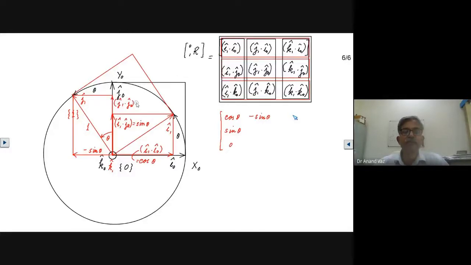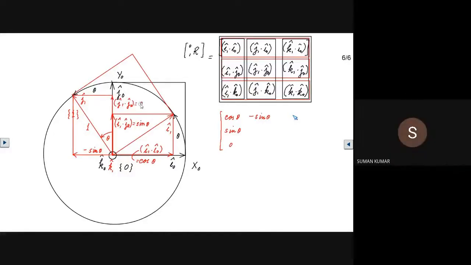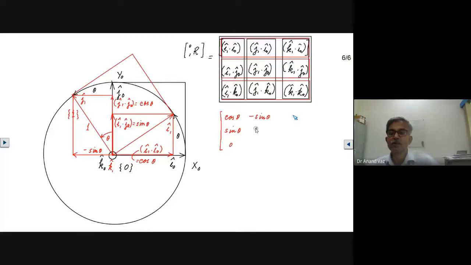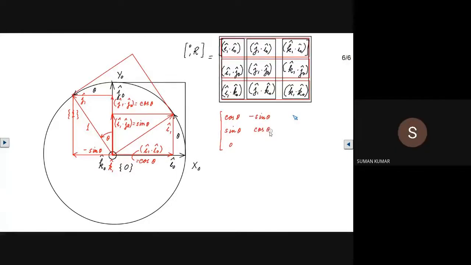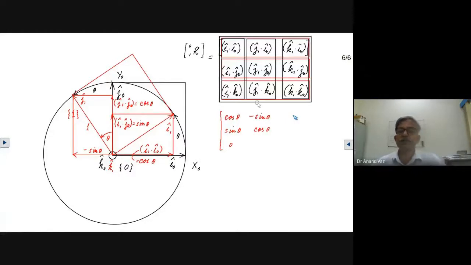So this is just equal to cos theta. And the third one is J1 dot K naught. K naught is perpendicular, so naturally this will be 0.